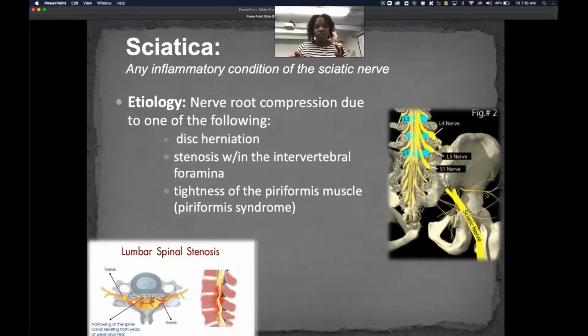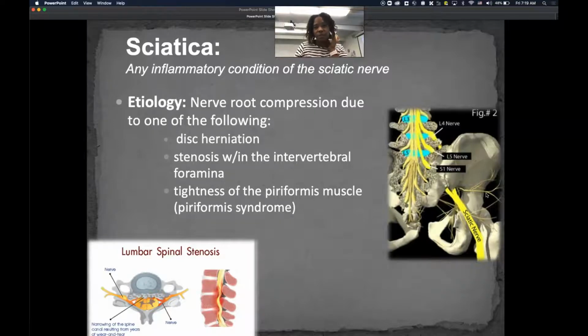So the etiology most often for sciatica is some type of nerve root compression, and it could be due to 3 of the following circumstances. Number 1, a disc herniation, right, which we just saw. It could be that the sciatic nerve is actually impinged within the intervertebral foramen. So in other words, you have osteophytes that are building up inside of the spinal column, and as a result, it impinges the sciatic nerve.